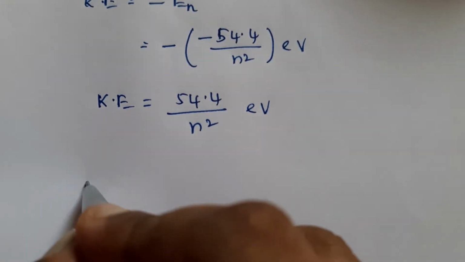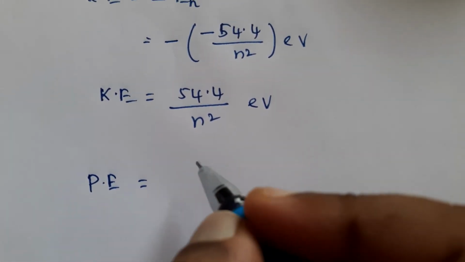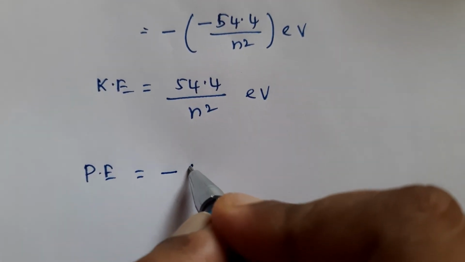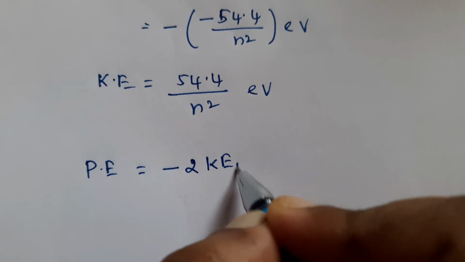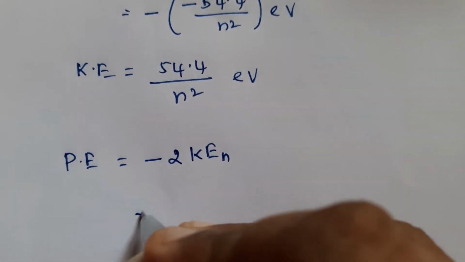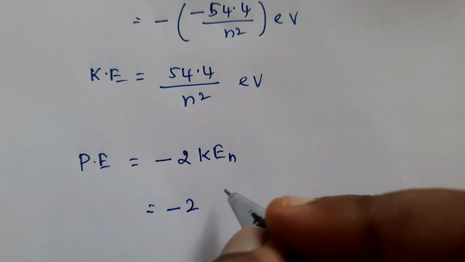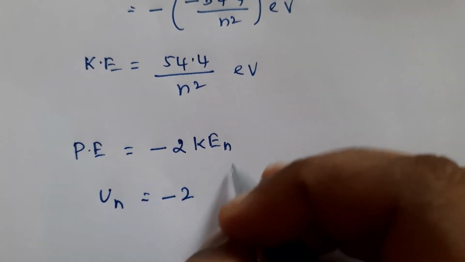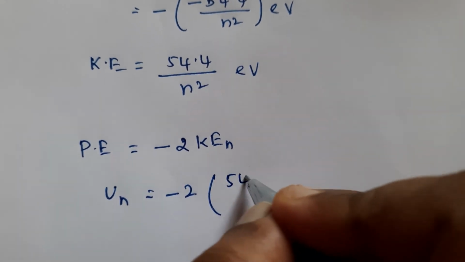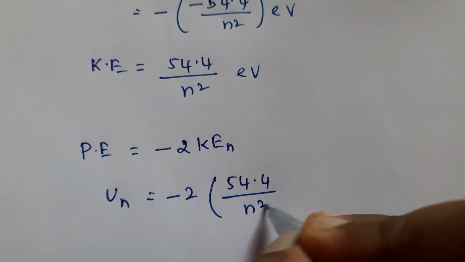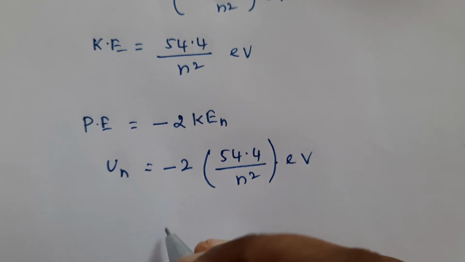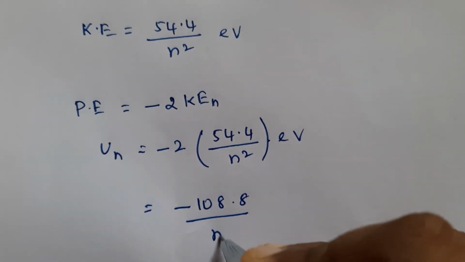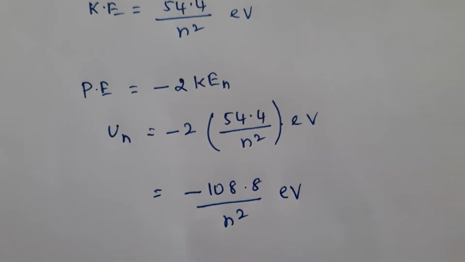Now for the potential energy, denoted by epsilon n, it is minus 2 times kinetic energy. So it is minus 2 times 54.4 by n square, which is minus 108.8 by n square electron volt.